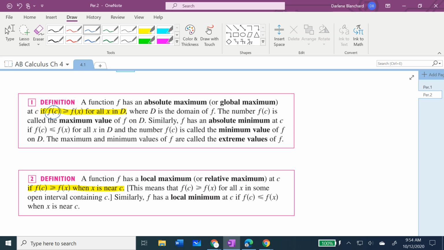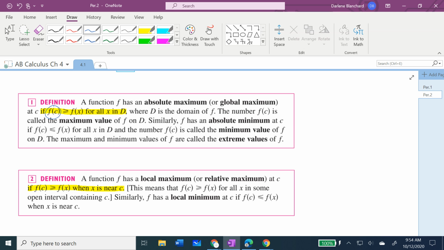Now, if you're dealing with a function like sine x, there are a lot of c's that have that absolute maximum of 1. There are also a lot of c's that have the absolute minimum of -1. So know that your absolute maximums and minimums can occur at more than one x coordinate, but they only have one y value for each of them.